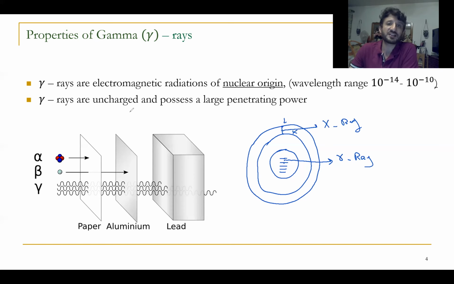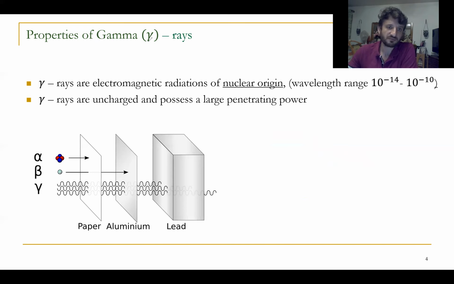Gamma rays are uncharged and possess a large penetrating power. Okay, let me start with penetrating power. Let me compare the penetrating power of alpha, beta, and gamma. We have a beam of alpha, beta, and gamma, and here we have a sheet of paper, a sheet of aluminum, and a block of lead. Alpha particle has a very weak penetrating power.